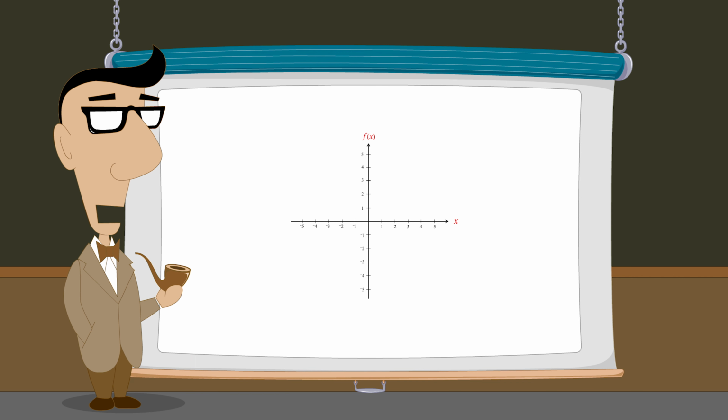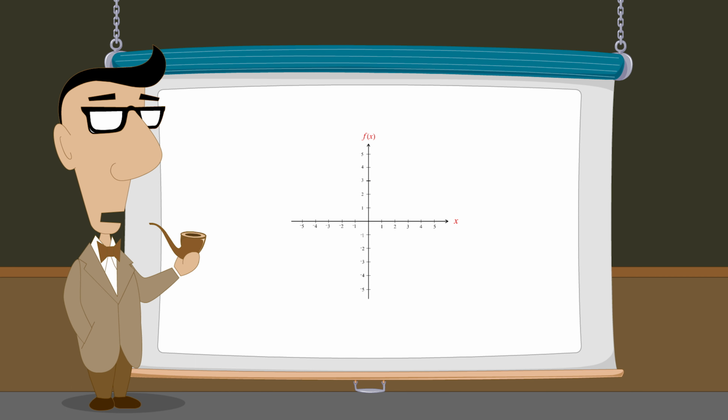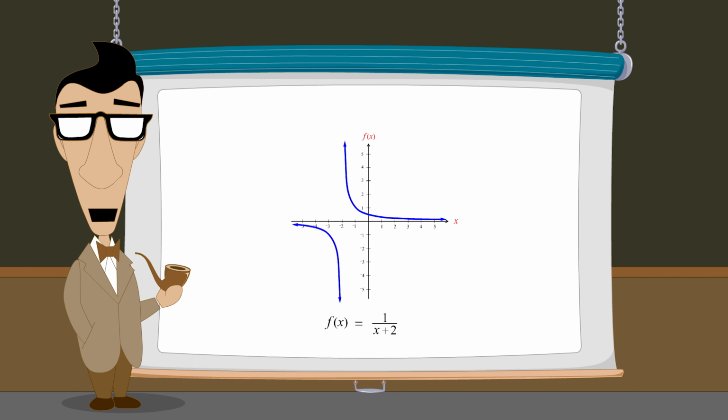For example, this rational function has a horizontal asymptote described by the constant polynomial function f of x equals 3. And this rational function has a horizontal asymptote described by the constant polynomial function f of x equals 0.